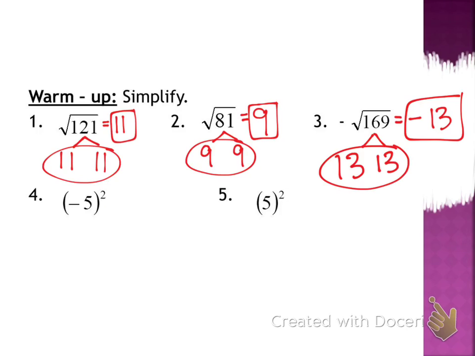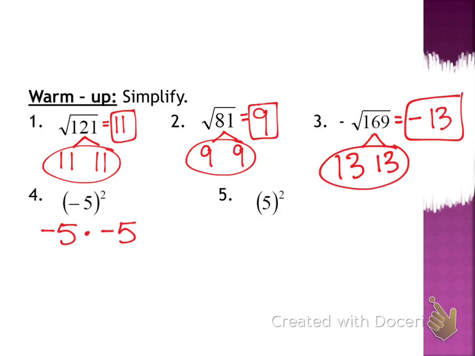4 and 5 are a bit of a review from what we've talked about in chapters past. If I'm taking negative 5 squared, what does that mean? Not 5 times 5, but negative 5 times negative 5. Because it's in parentheses, both of those 5s are negative.